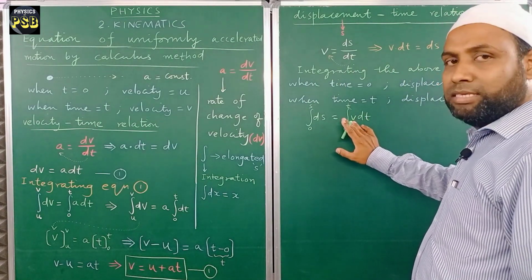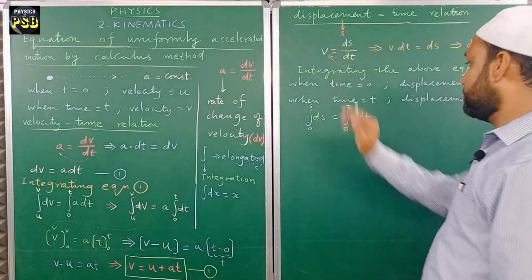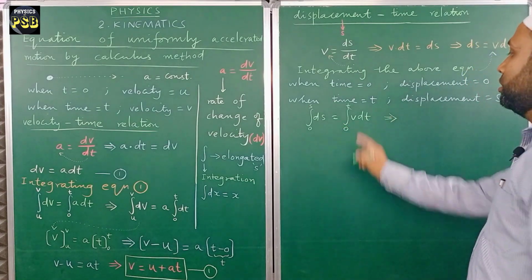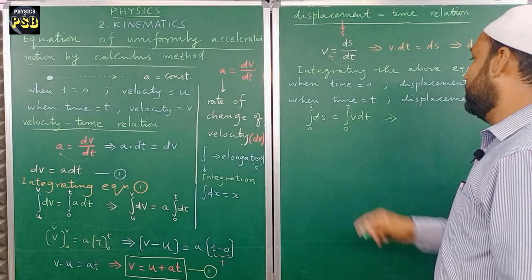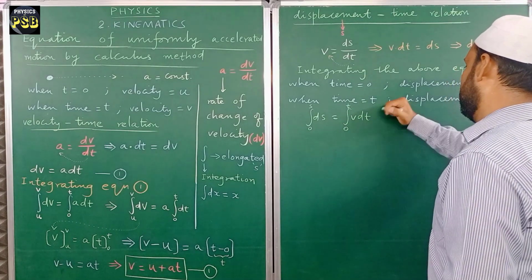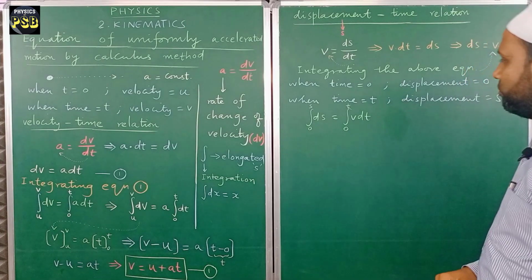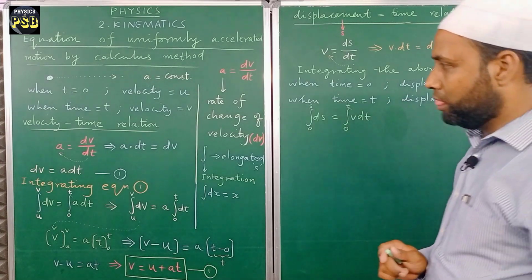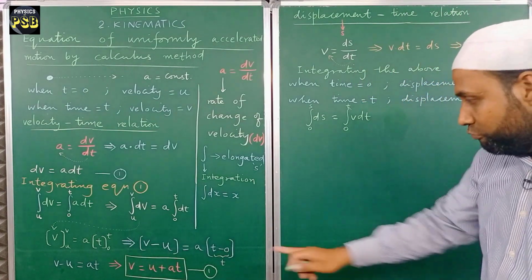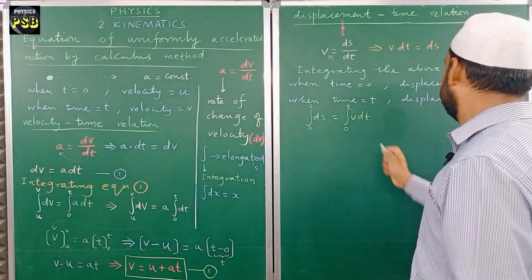Here, in this case, v is not a constant. Before doing so, I'll do one thing. We know the value of v. I'm going to substitute the value of v in this equation.